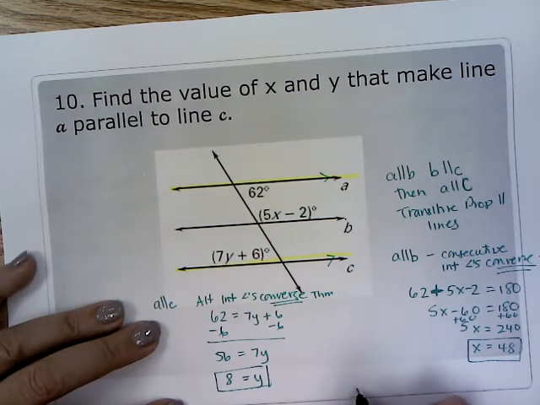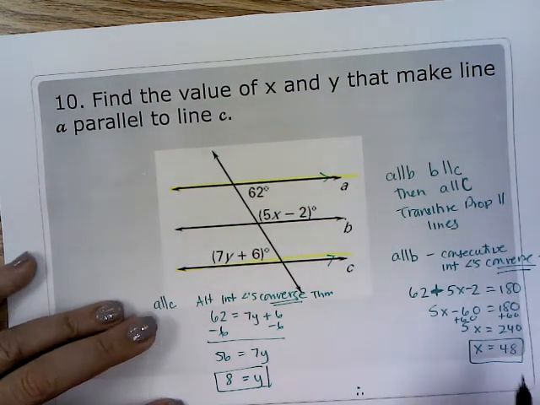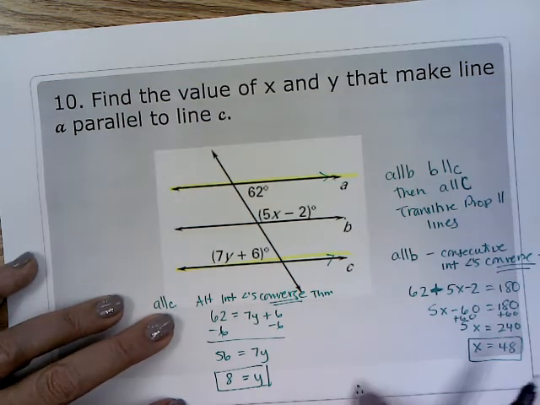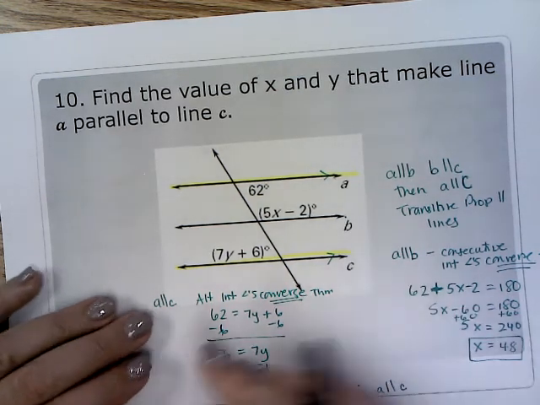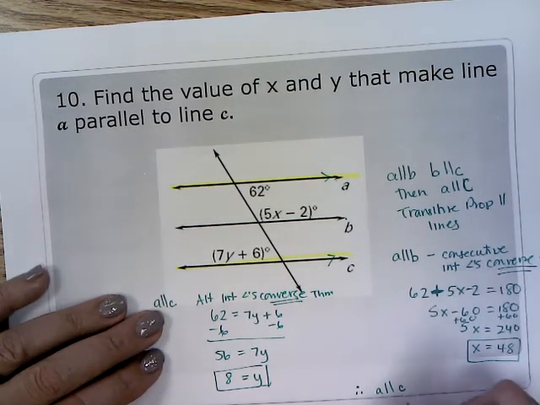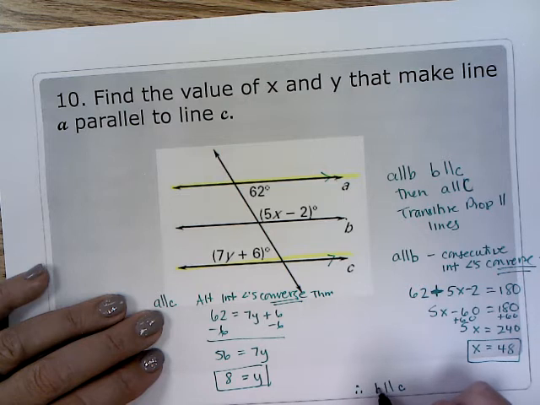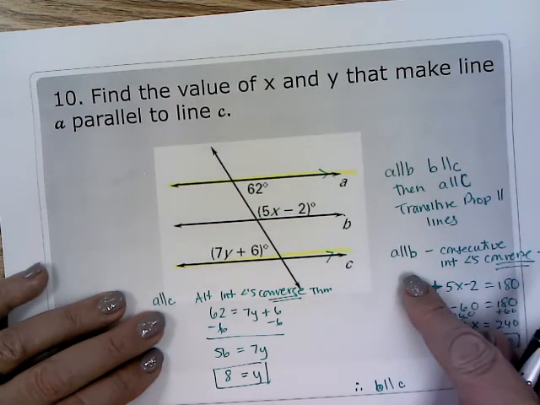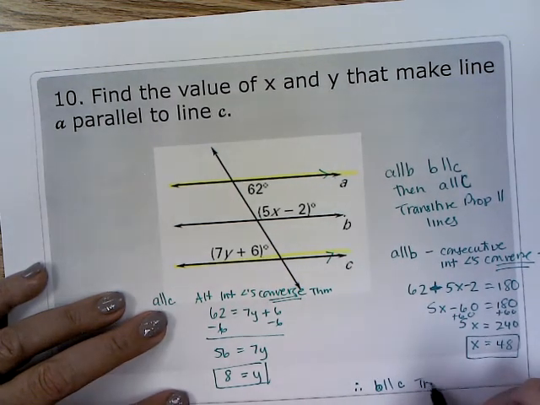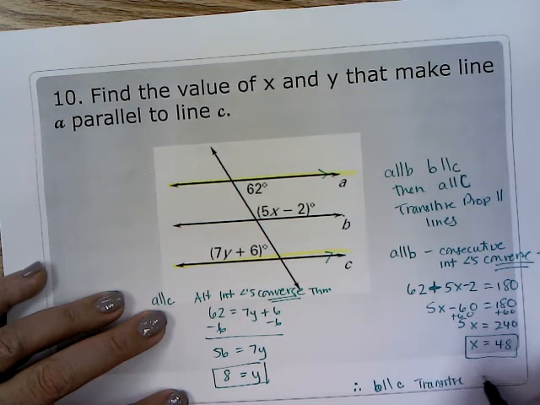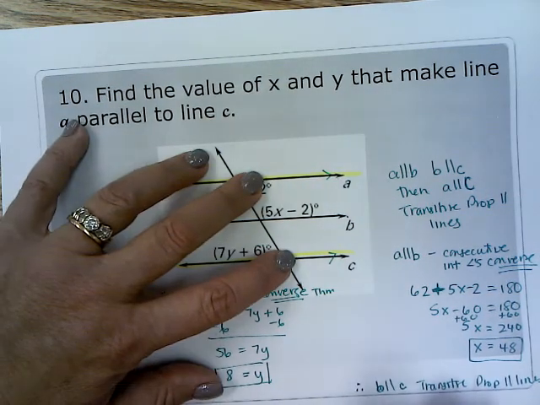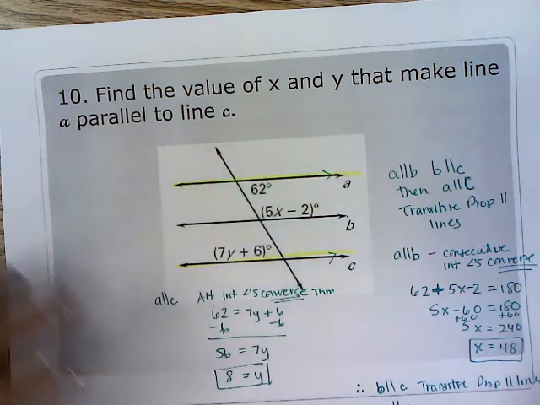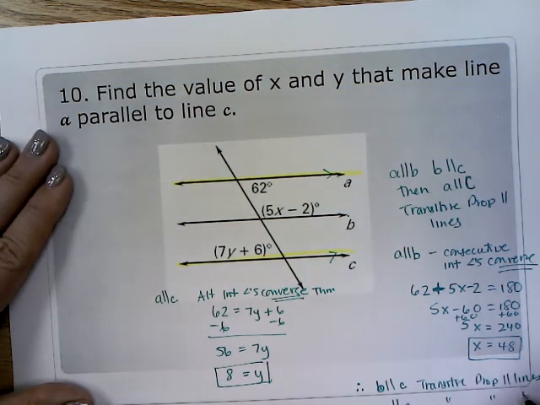Therefore, I know that if A is parallel to C and A is parallel to B, I know that B is parallel to C by that transitive property. And if B is parallel to C, then I also know that A is parallel to C based on the same thing, the transitive property of parallel lines.